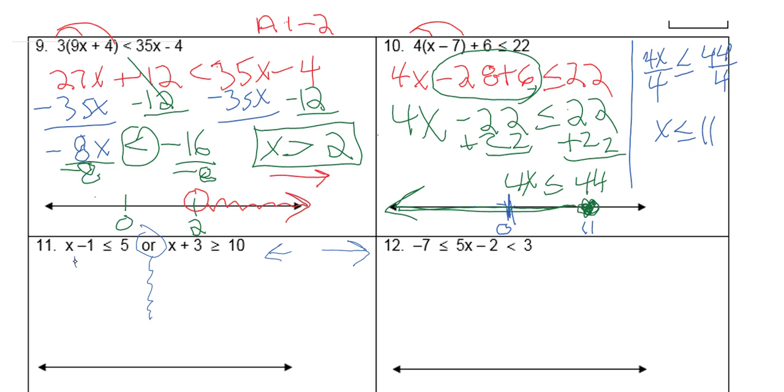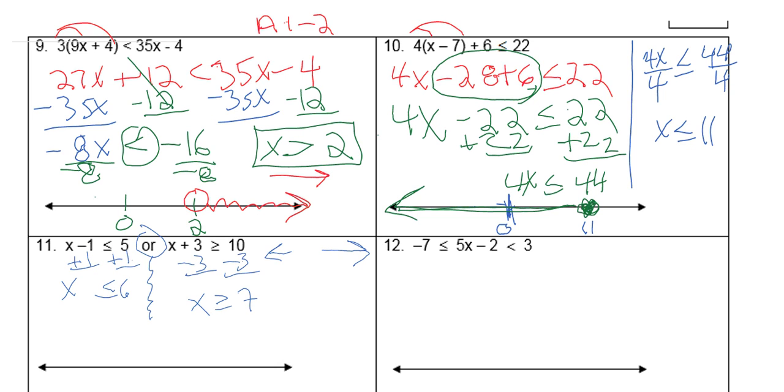So we're going to add 1 to both sides, and we're going to get 6, and get an x over here. That's pretty much it for that one. So x has to be less than or equal to 6. And on the right, we're going to subtract 3, get 7. x is already solved for a single x.